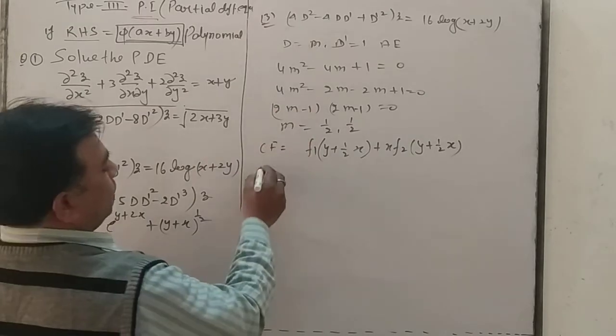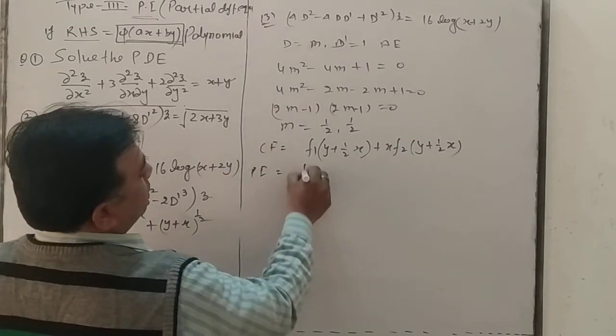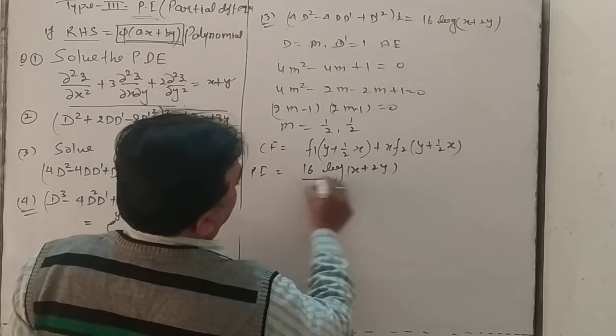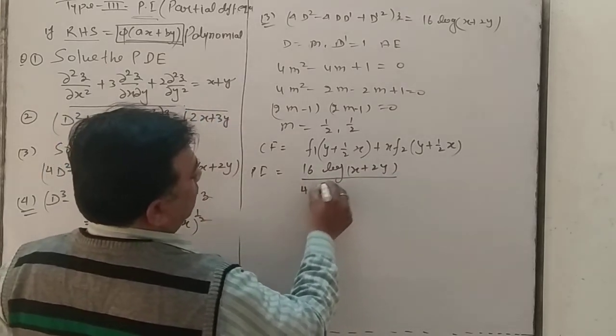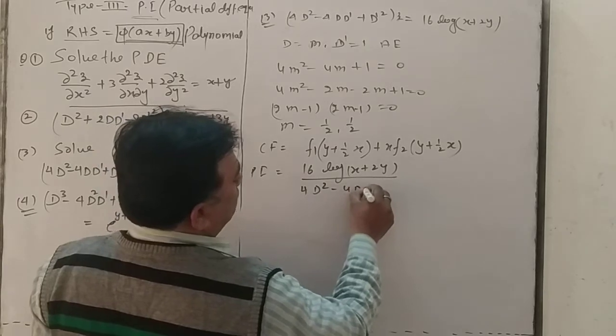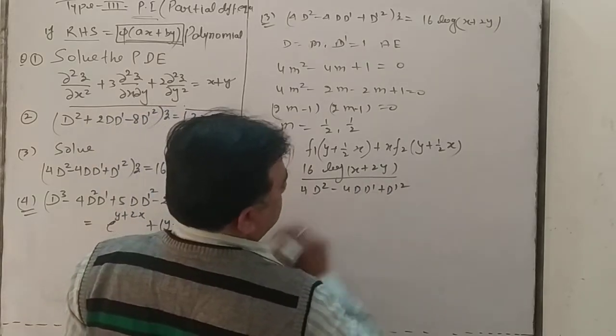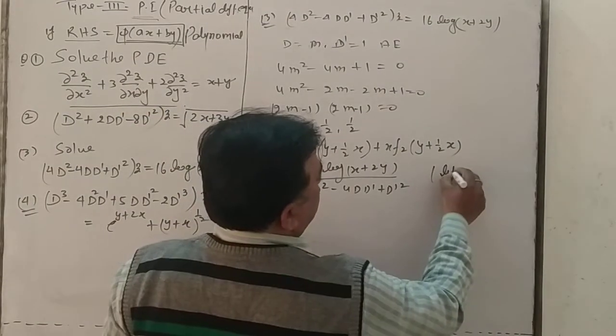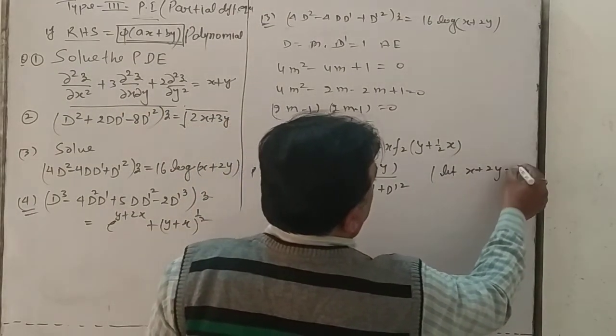Now the PI is 16 log(x + 2y) upon 4D² minus 4DD' plus D'². Here you are taking the value of this. Now let x + 2y equal u.